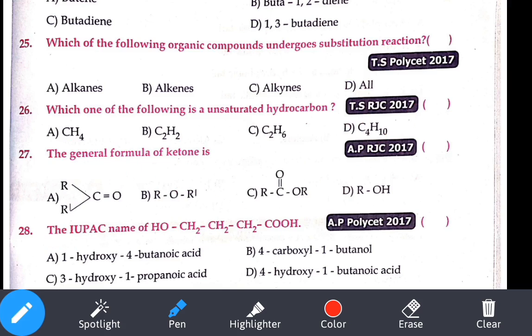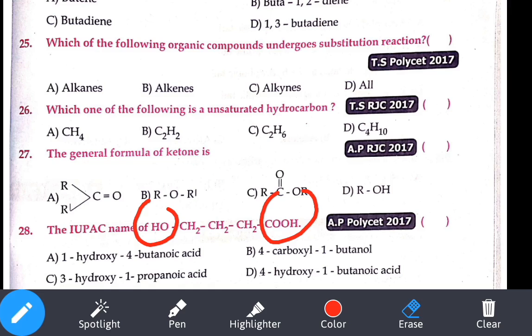The IUPAC name of OH, CH2, CH2, CH2, COOH. First thing, there is a priority series. COOH is a functional group and OH is also a functional group. It is the carboxylic acid functional group, and the alcohol functional group. Of these two, which will be given preference? If you observe the priority series, first we give preference to carboxylic acid, and after that we give priority to the alcohol functional group.